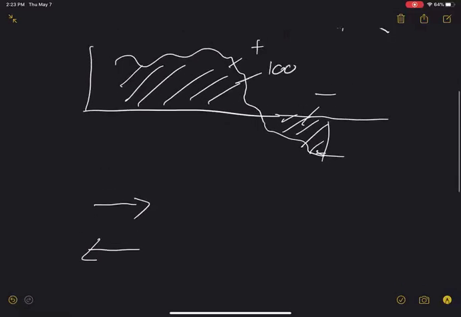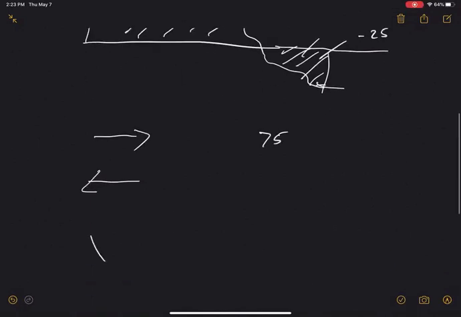Okay, so maybe the value of this region is 100, and then this value is negative 25. I would add those two together and get 75, meaning I've traveled positive 75 in the eastern direction.